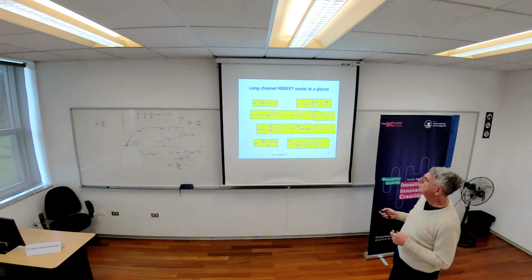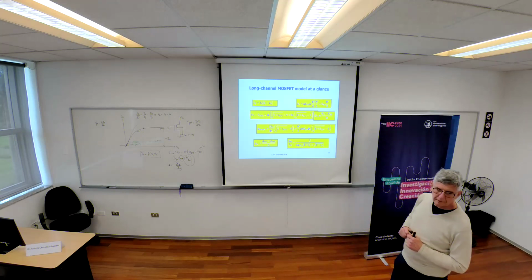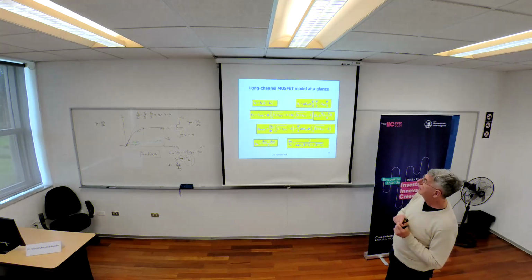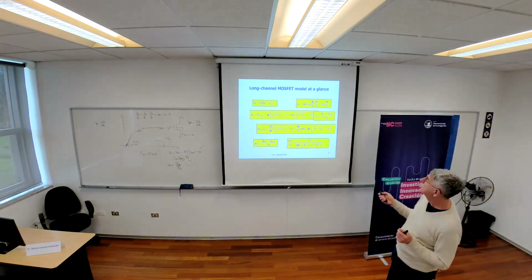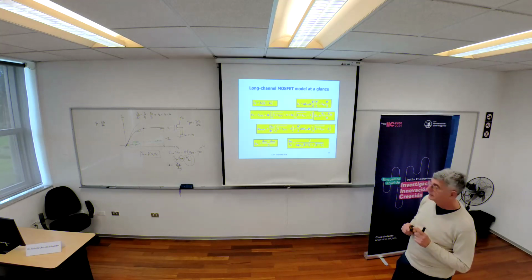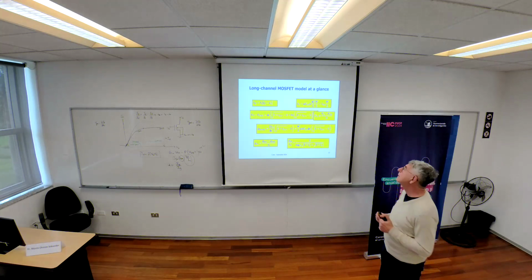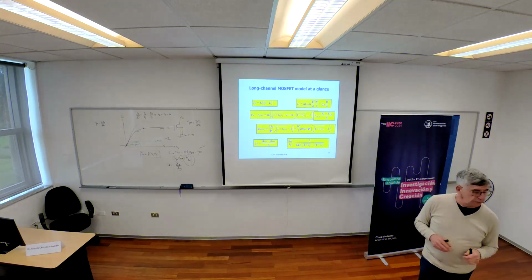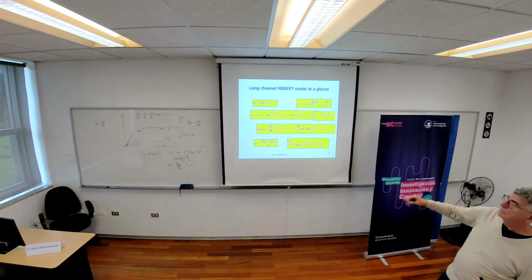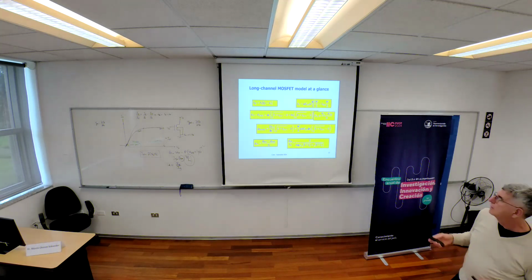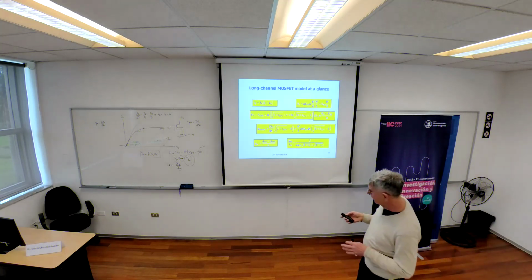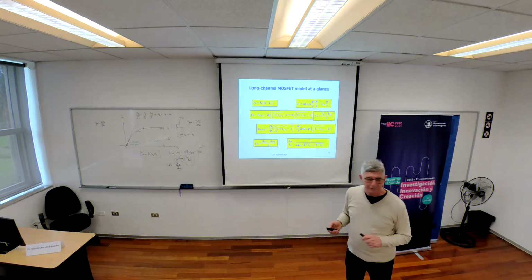One of them is associated with this parameter here, sigma. And the final one is the velocity saturation. It's not included in the formulas here. Let's forget about the velocity saturation.